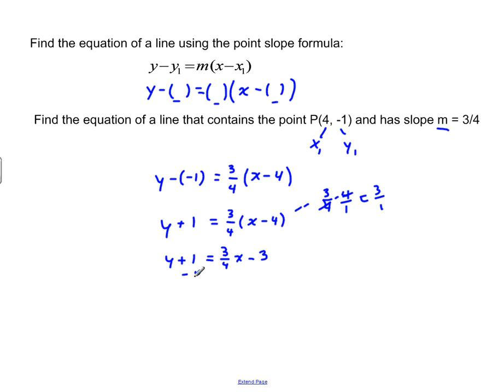And if we subtracted 1 from both sides of the equation, we would get y equals 3/4 x minus 4, which we now know to be the kind of equation in our slope-intercept form that has a slope of 3/4 and a y-intercept at the point (0, -4).